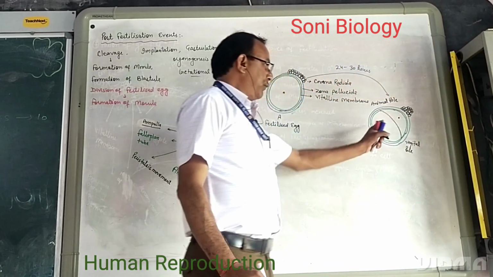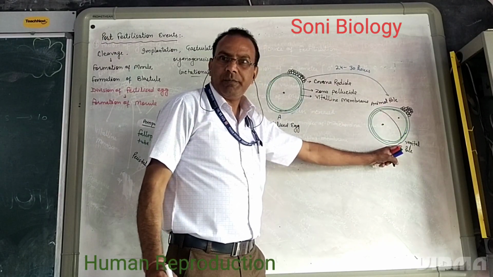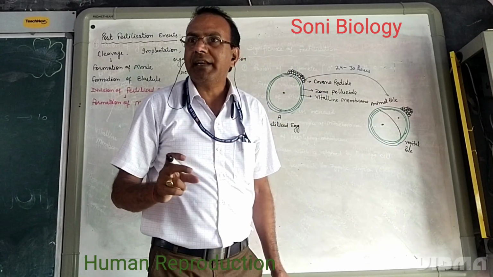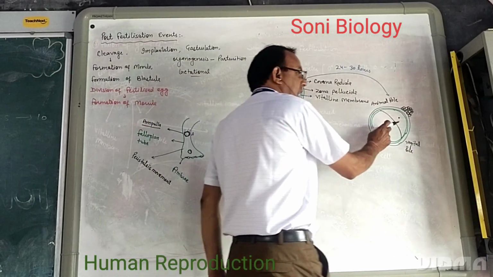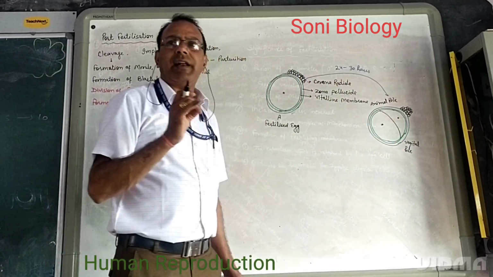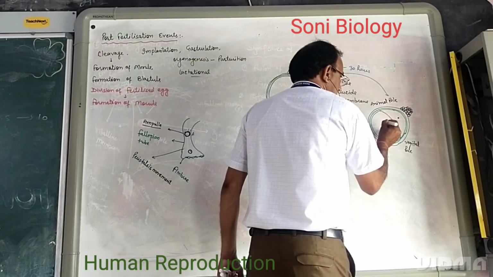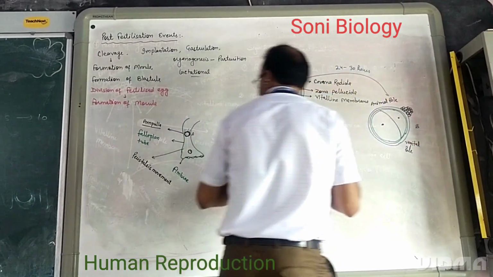It means the cytoplasm is fully divided from animal to vegetal pole. Two unequal cells are produced, one larger and the other smaller. This is the B phase.